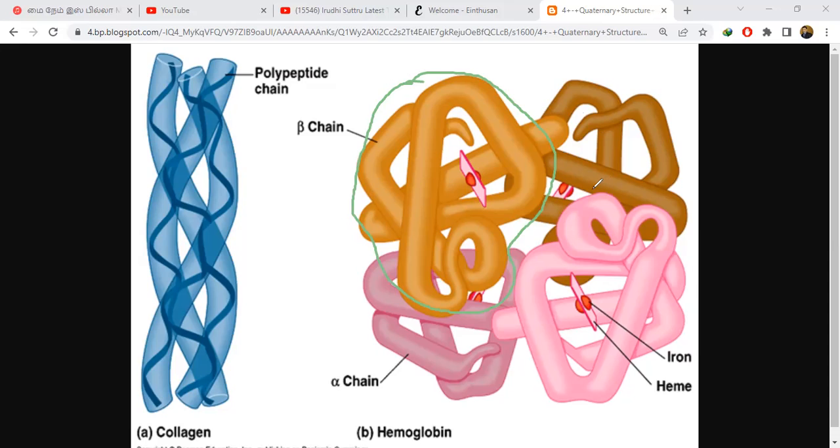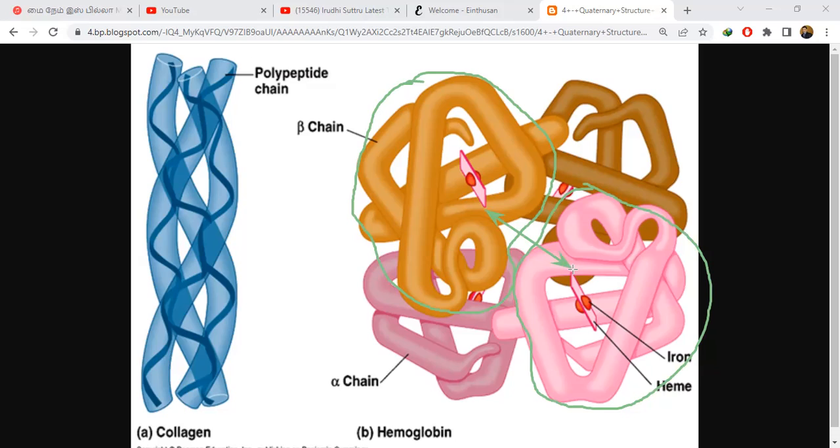Between one subunit and another subunit, the attraction will be there. This attraction is called intermolecular attraction. Intermolecular attraction occurs between one subunit and another subunit.